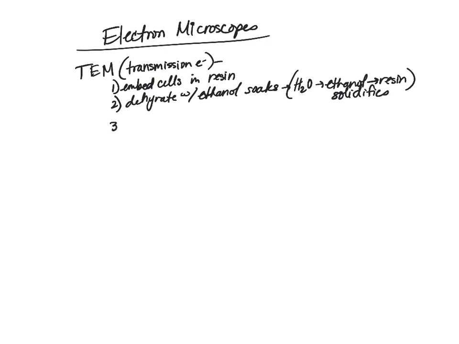So then in step 3, thin slices are cut with what's called a microtome or an ultramicrotome, which is a very precise cutting tool.